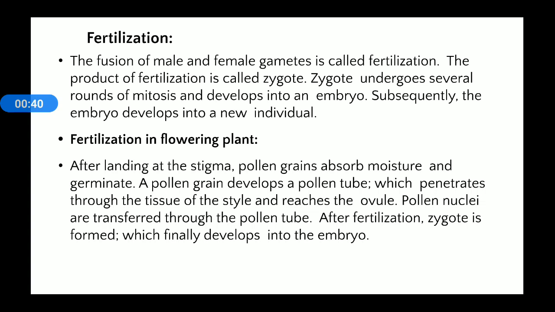As we know, gametes are haploid in nature, meaning male and female gametes are haploid. When they fuse to form a zygote, the zygote will be in a diploid state.